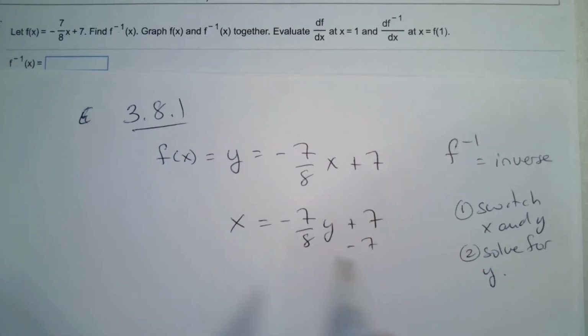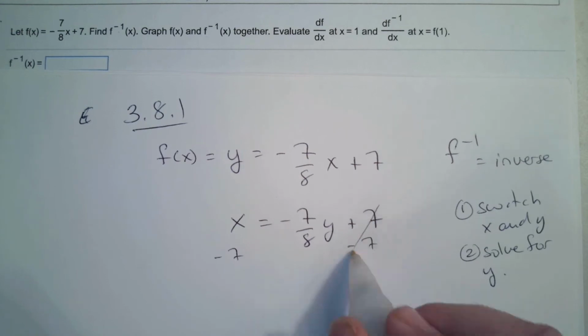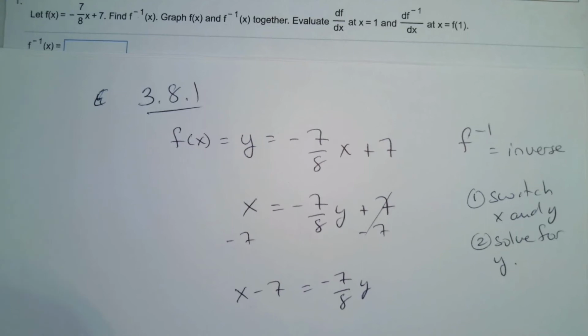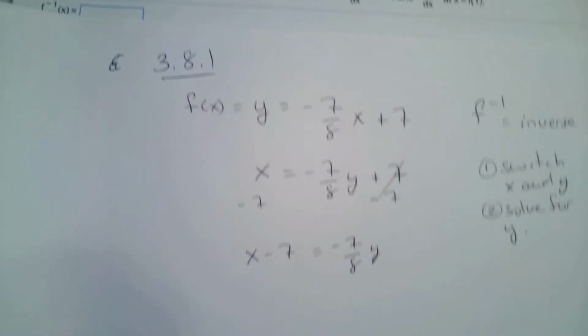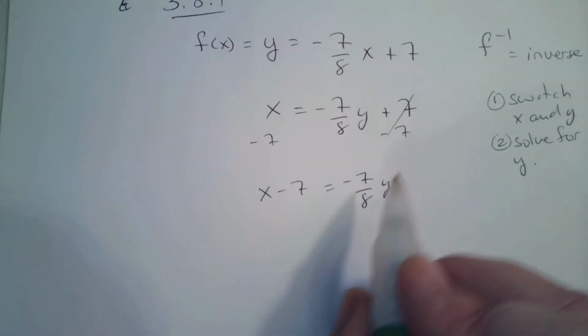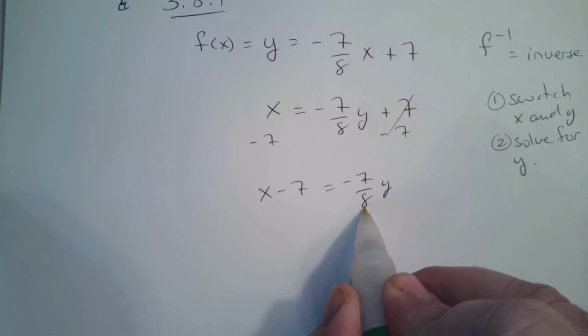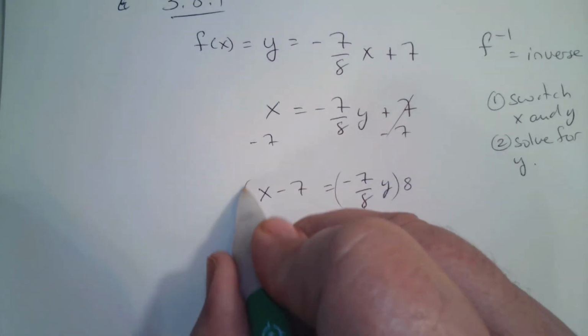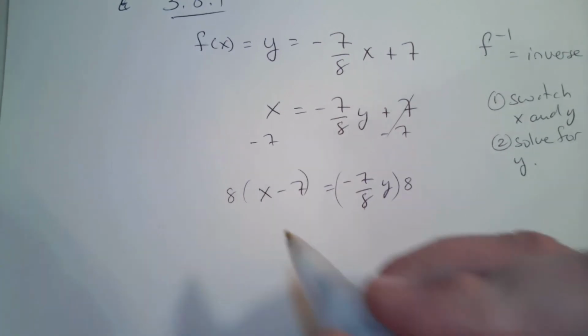So I'm going to get rid of that one first. So subtract 7 from both sides. So x minus 7 equals, and get rid of the denominator. So I multiply both sides by 8.